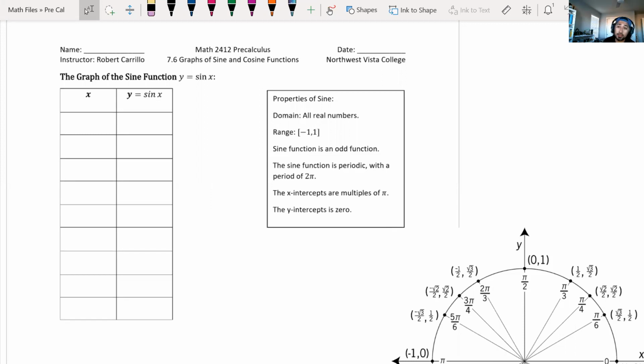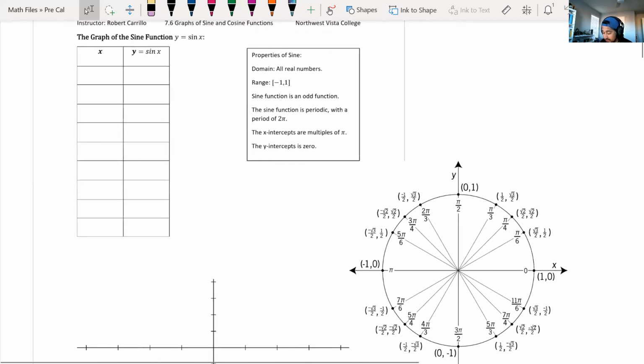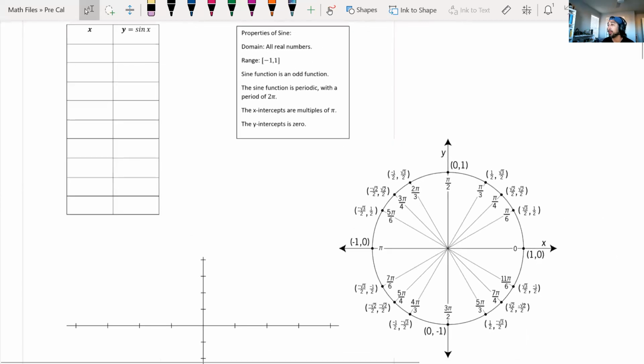Okay, now when you're graphing the sine function, you want to be smart about the coordinates you pick because you want to graph easy coordinates. So that's why I copy and pasted the unit circle here. Looking at our unit circle, if we wanted to graph the sine function, what would be the easiest coordinates to graph?